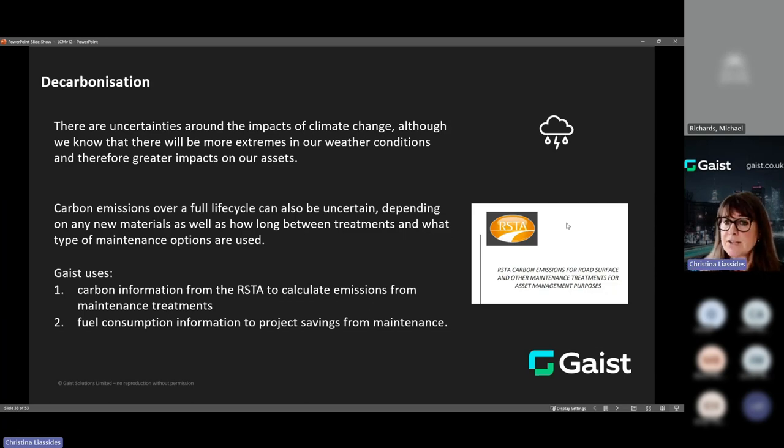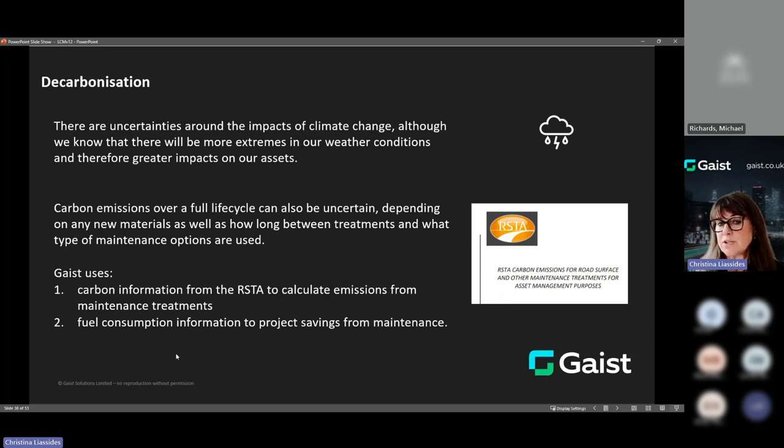Now, to calculate those, we use the RSTA, the Road Surface Treatment Association's document, which is really a really good document that they developed with a consultant looking at carbon emissions from cradle to grave for all the different types of treatment. And obviously, we keep an eye on the other carbon tools around as well. So we incorporate those to calculate emissions.